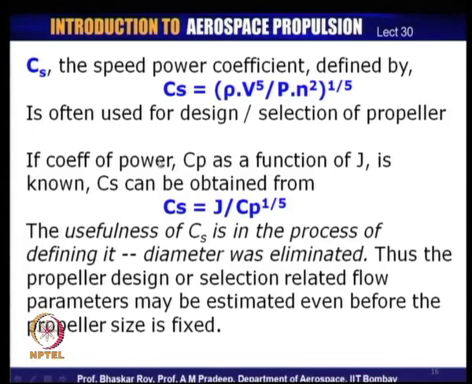Now, this speed power coefficient can be related to the power coefficient simply with the advance ratio J, and is related as C s equal to J by C p to the power 1 by 5. Now, why has this speed power coefficient been created?